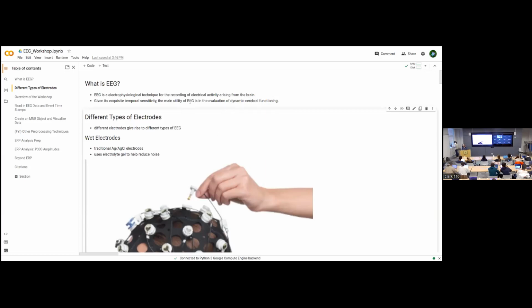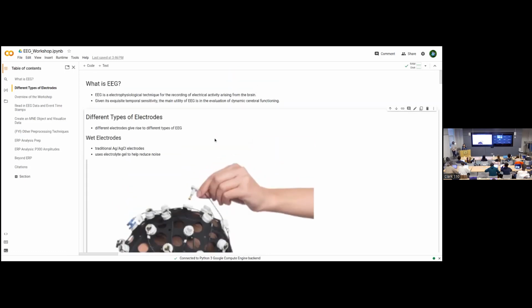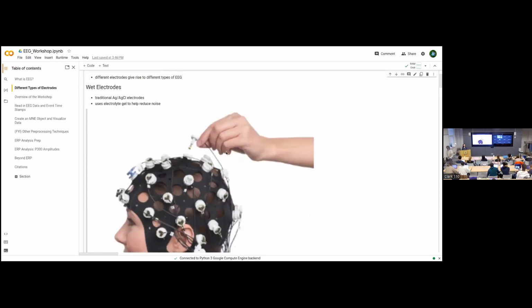EEG devices can be built in different ways. Just for a brief introduction before we get into the code, there are different kinds of electrodes that have been developed. The technology of EEG hasn't existed for very long actually. The traditional, standard type of electrodes that we use are called wet electrodes.